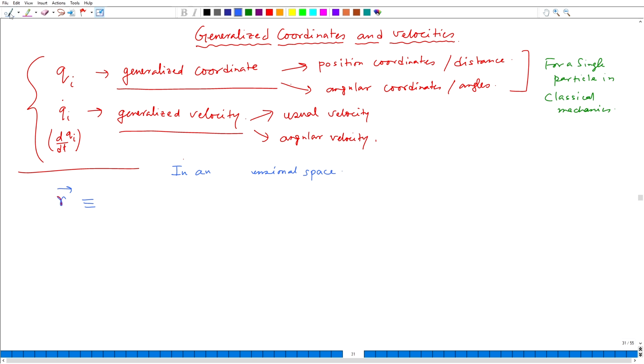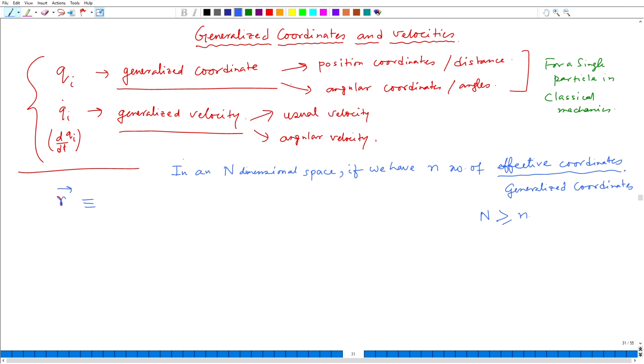In an n dimensional space, if we have small n number of effective coordinates, that means generalized coordinates, we know that capital N is greater than or equal to small n.